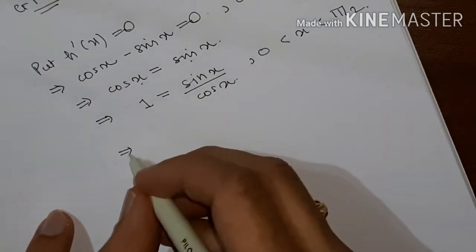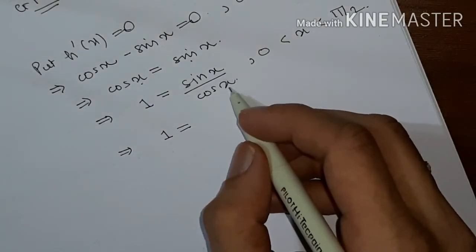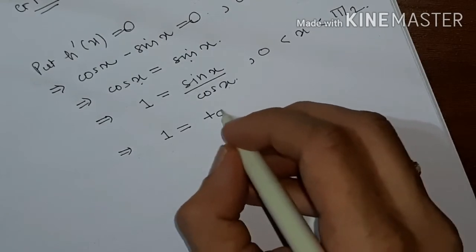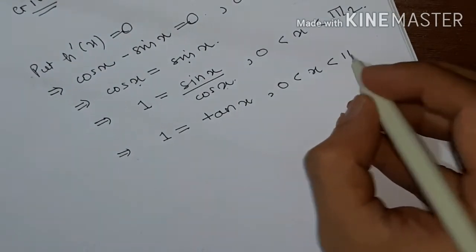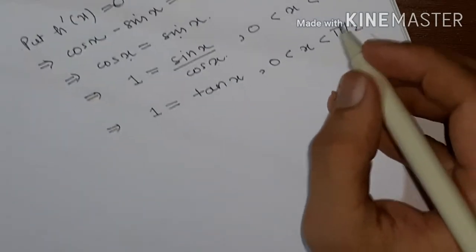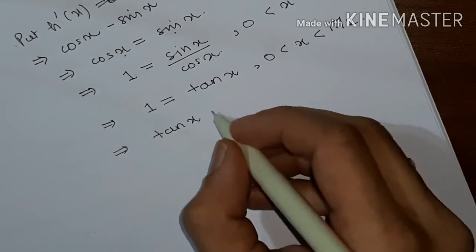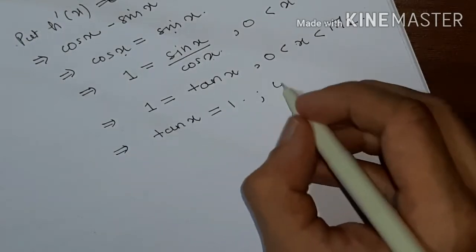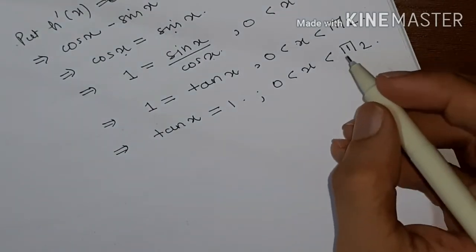So 1 is equal to sin x divided by cos x, which you know is tan x. Now tan x is equal to 1 you are getting, where 0 is less than x less than pi by 2.